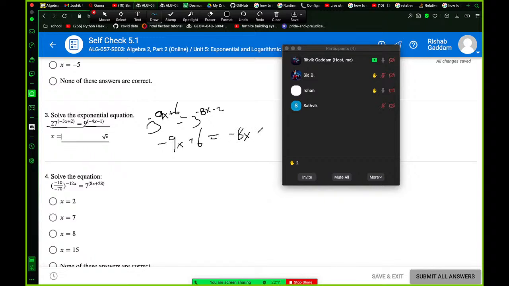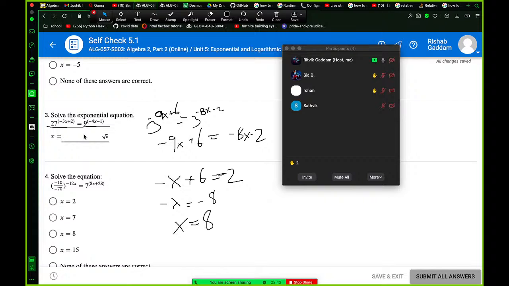Then we add 8x to each side so that we get negative x plus 6 is equal to negative 2. Then we subtract 6 from each side, giving negative 8. So x is equal to 8. Good job, Rohan.